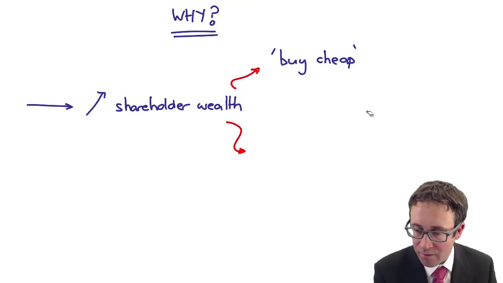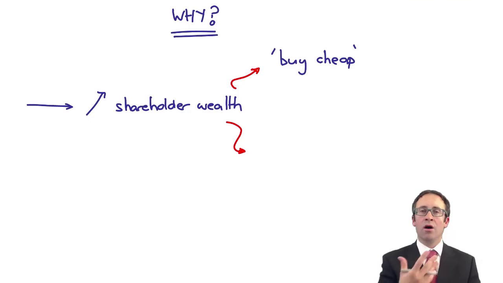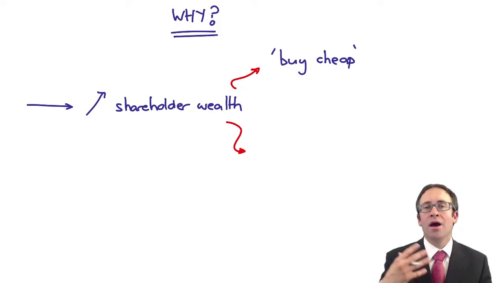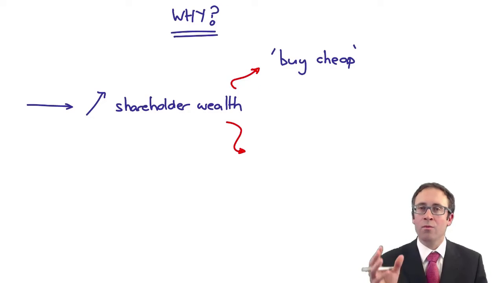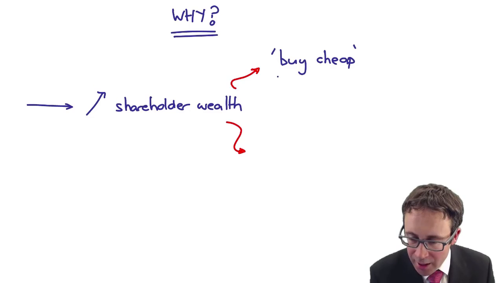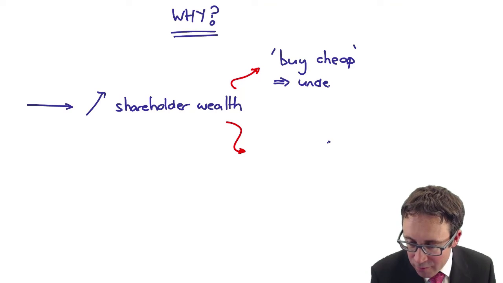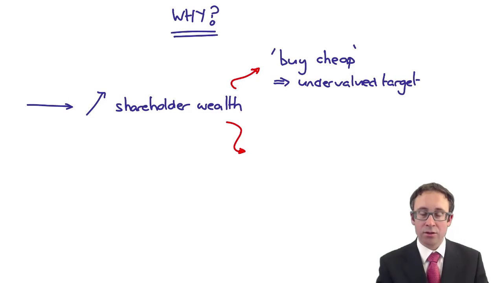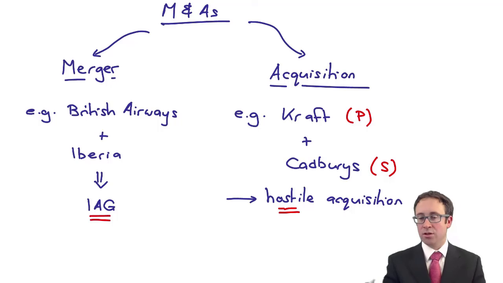We value that business based on our own valuation techniques. We look at what the market is saying it is worth, and we think that what the market is saying is a lot less than what we think it is worth. So if we're buying it on the cheap, the reason why is because we think we have an undervalued target company.